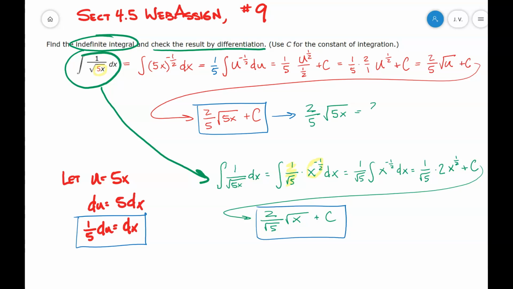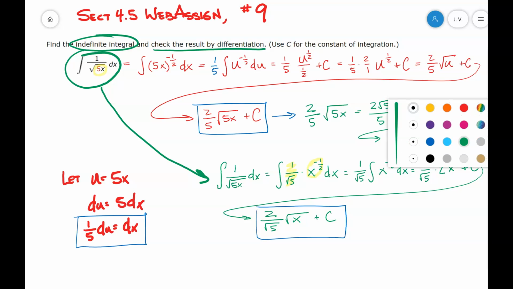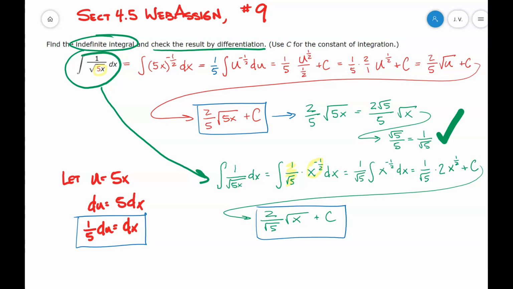That can be rewritten as 2 root 5 over 5 times the square root of x. And root 5 over 5 is what you get if you rationalize 1 over root 5. So folks, that deserves a large green check because we just verified that those two answers are the same.